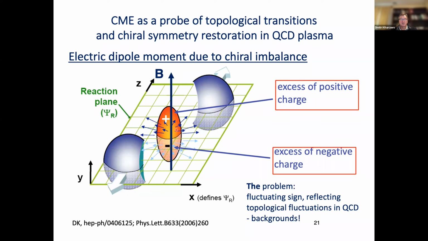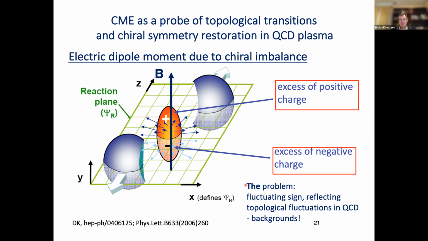Now this system is going to expand and hadronize into charged hadrons, and of course also neutral hadrons. But because electric charge is conserved throughout hadronization, this electric dipole moment, which we had in the QCD plasma, is going to get transformed into an electric dipole moment that we observe for final state hadrons. And so this is the idea. We somehow found a way to convert a fluctuation of topological charge into something which is directly observable in experiment.